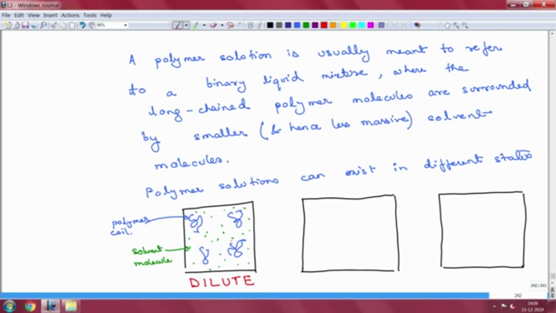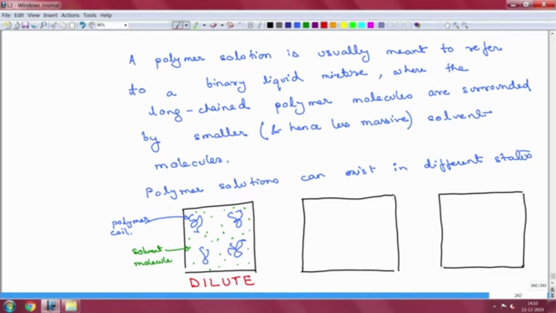Their molecules are separated by large distances and they hardly interact. Obviously, this is not a static picture. Brownian motion will eventually make one interact with the other one. But the idea is that the number of polymer molecules is small enough that the chances of encounter are very small.